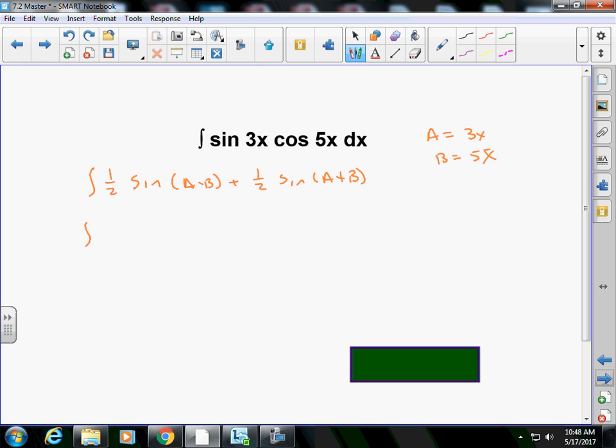So by substitution, I have 1/2. A minus b is sine of minus 2x plus 1/2 sine a plus b, 8x dx. I can factor out that 1/2 from everything, making my life a little easier.